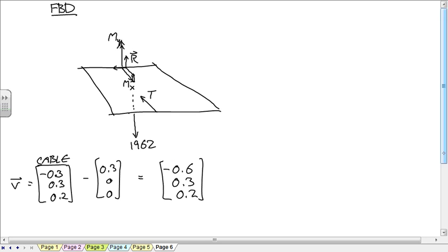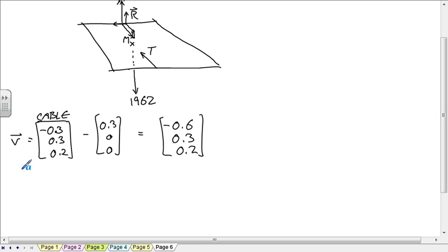So the magnitude of this vector is 0.6 squared plus 0.3 squared plus 0.2 squared, all square root. So what do you get for that? Can someone? Just 0.7.